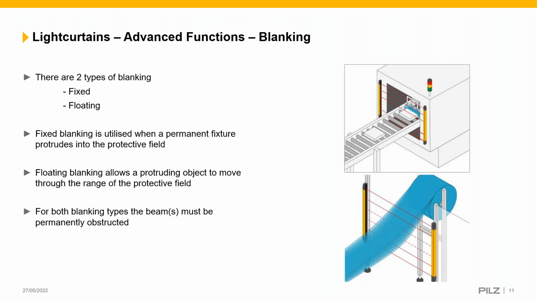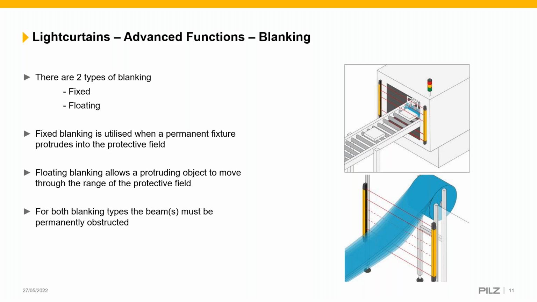Floating blanking. This is where you may have something that's always going to be protruding through the protective field, but where it is changes. So we've got a roll here which will slack and tighten as it turns. So you may be looking at 1, 2, 3 beams that are always going to be broken, but not the same beams.